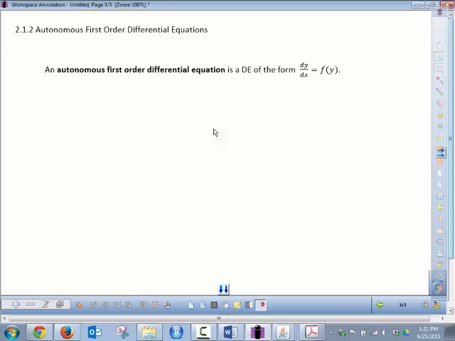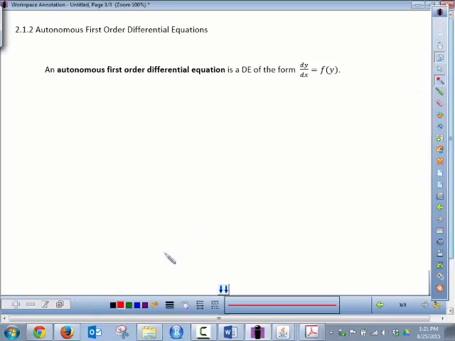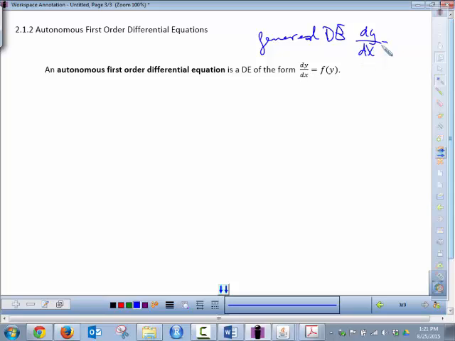If you remember a couple of pages ago, in general, the general differential equation looks like dy/dx is equal to f of x, y.